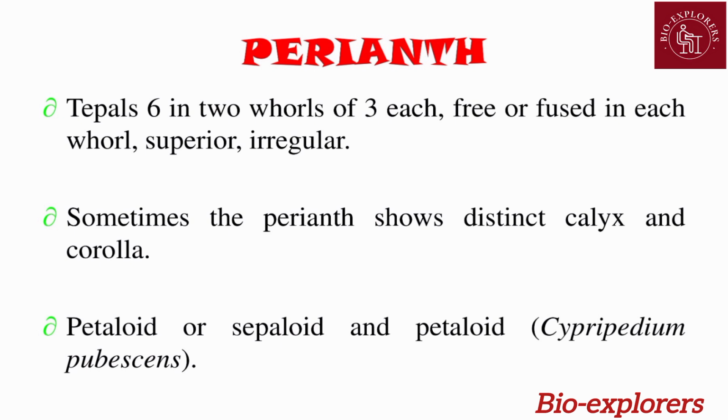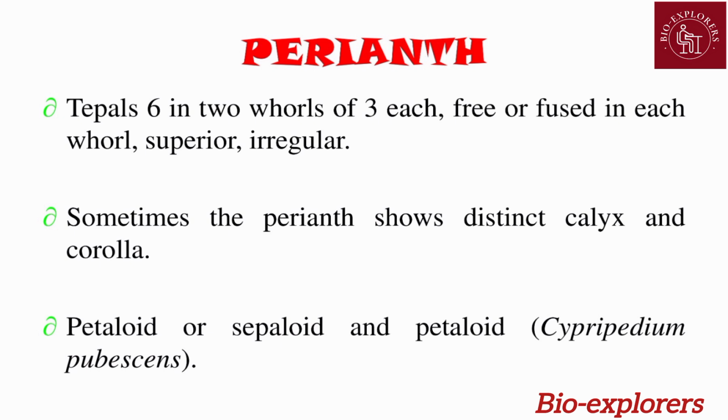Now we pass on to the perianth part. I have already mentioned in the first part of the video, in Orchidaceae, we can't differentiate the sepals and petals. So instead of that, we completely describe it as a perianth, and the single unit of perianth is known as tepal. So here, the total number of tepals is 6, which is arranged in two whorls of 3 each. The tepals are free or variously fused in each whorl.